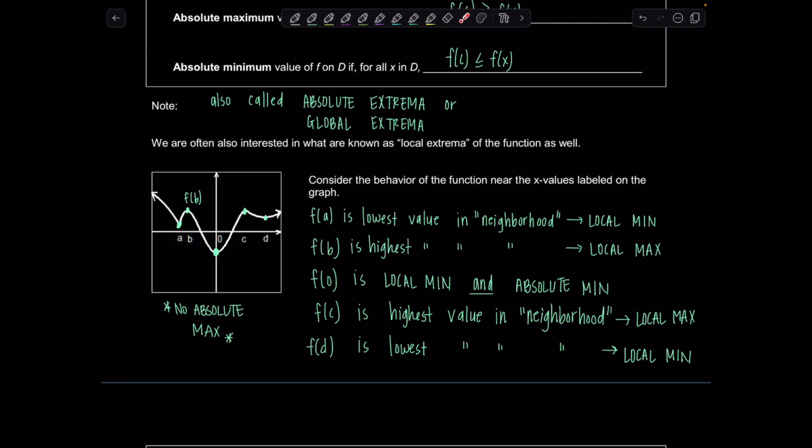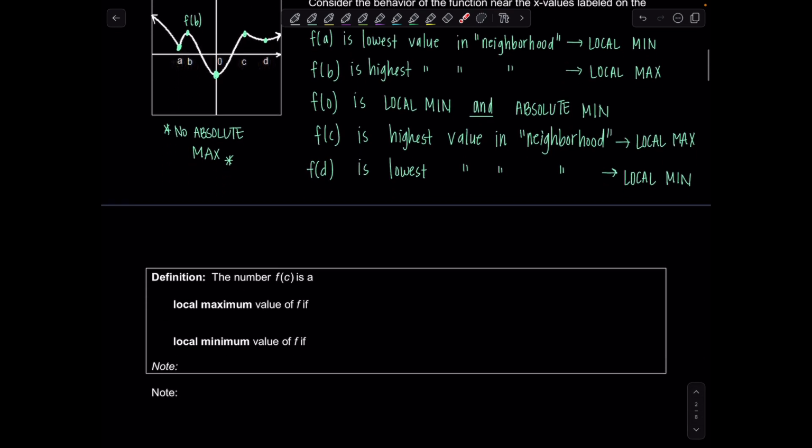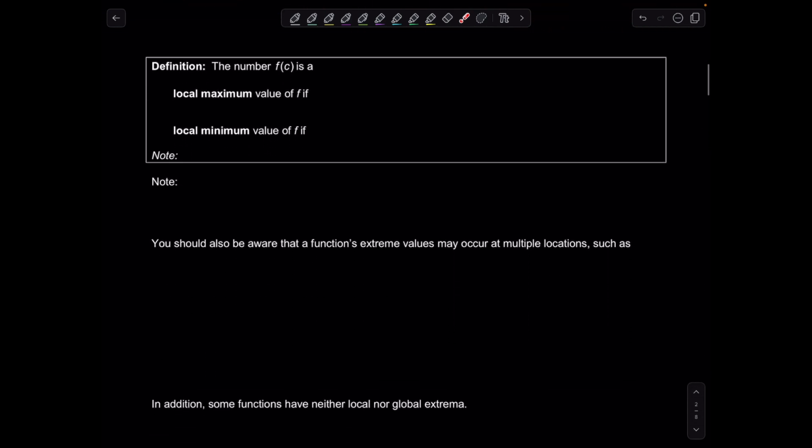Okay? All right, so now let's put some definitions formally to tighten up what we mean by this neighborhood situation. That's a little loosey-goosey. Let's make it nice and crisp. So, definition: we say that the number f of c, the y value, is a local maximum value of f if f of c is greater than or equal to f of x for all x near c.